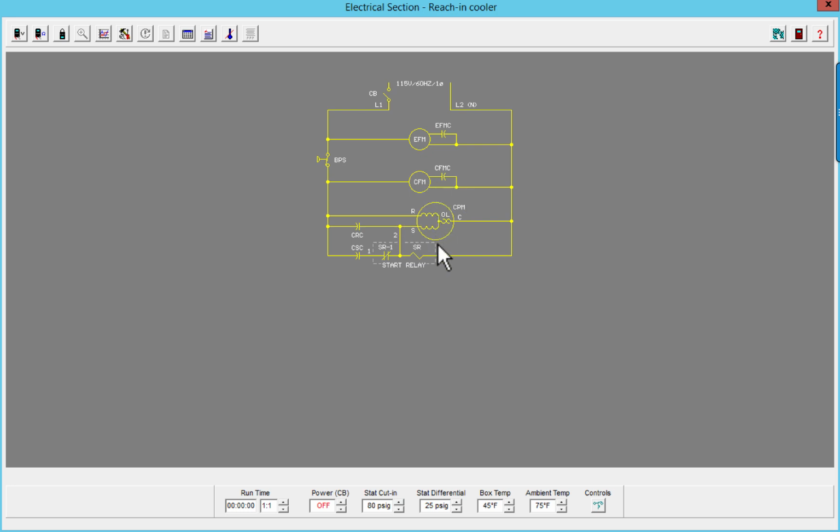Our compressor uses a potential relay. Notice the 1, 2, and 5 pins with the start capacitor wired into pin 1, start winding wired into pin 2, common wired into pin 5. Okay, and we have our run windings.